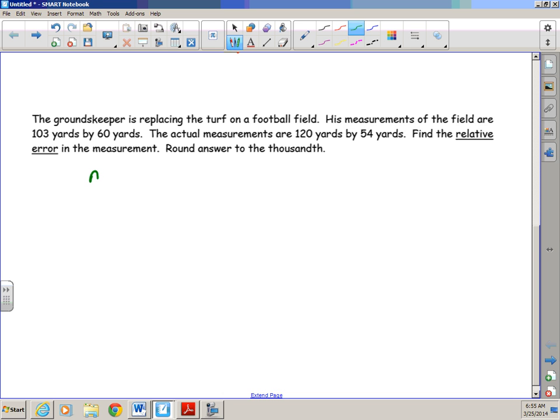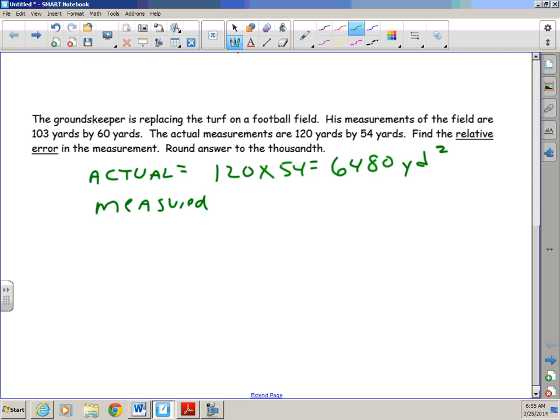So my actual is 120 by 54, or 6480 yards squared. My measured is 103 times 60, which is 6180 yards squared.